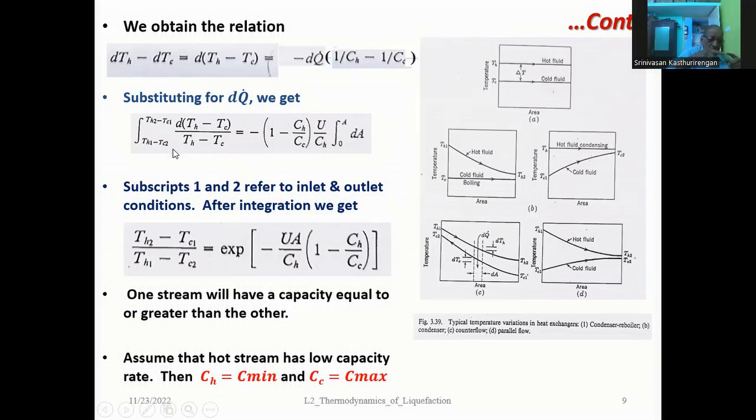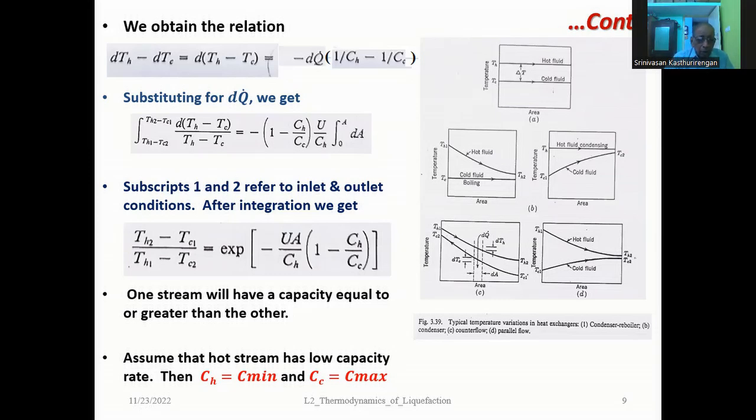Th1 is the temperature of the hot fluid at the entry point, and Tc2 is the temperature of the cold fluid at its exit point. This is the temperature difference at the inlet flow. What about the temperature difference at the outlet flow? It is Th2 minus Tc1. Th2 is the temperature of the hot fluid at the exit end, and Tc1 is the temperature of the cold fluid at its inlet end.